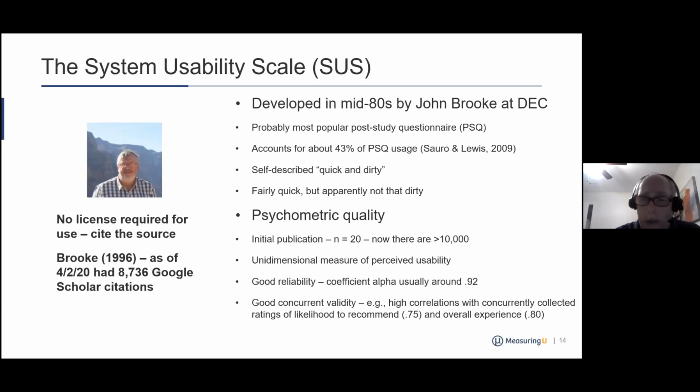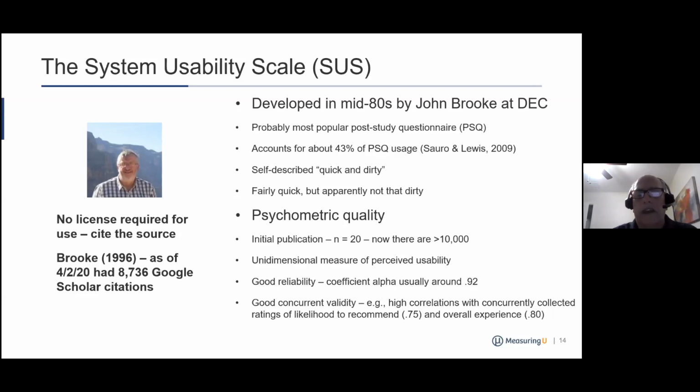Now, in its initial publication, the sample size was 20. In my own database, I've got over 10,000 cases. And I'm not the only person doing research with it.